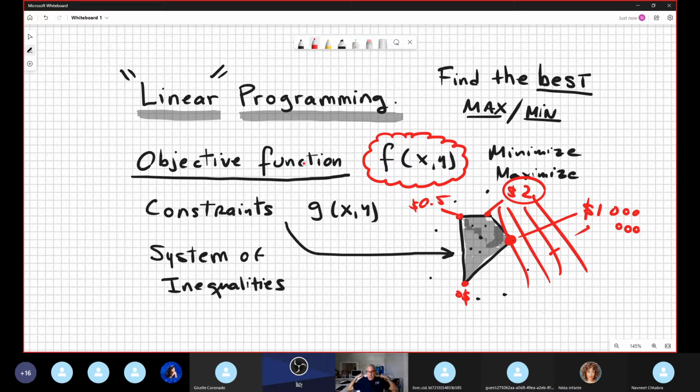After that you determine the corners. Depending si es polygon, si es quadrilateral, si es pentagon, you have 5 corners or 4 corners. You evaluate the objective function in every corner, because that's where it's maximum or minimum, because that's when the objective function touches the feasible region for the first time, when the problem makes sense.